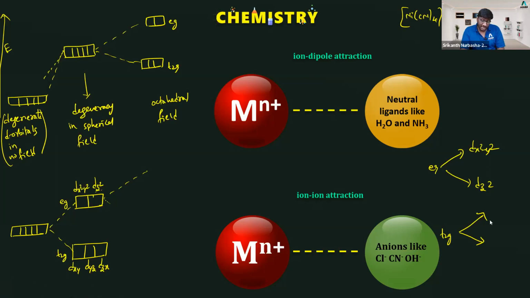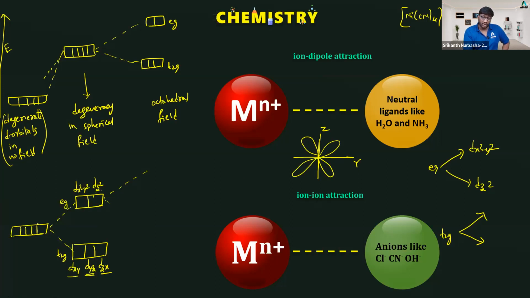dxy, dyz, dzx. Look at now. I am removing ligands along the z direction. So dyz, dzx, are they going to be affected or not? In the dyz, this is your y-axis, this is z-axis.